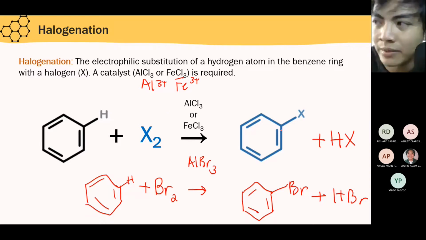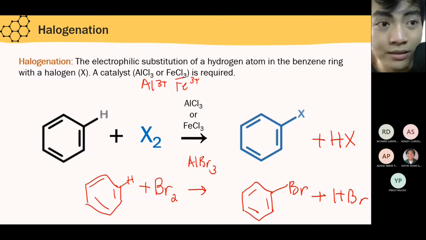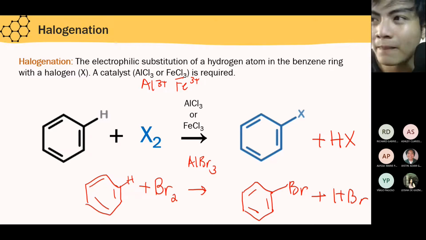Sila lang yung pwede. So that you can form your halogen benzene derivative and hydrochloric acid, hydrobromic acid, or hydroiodic acid. Okay? So, ganun lang. More on memorization lang siya. So, that's the first halogenation reaction.